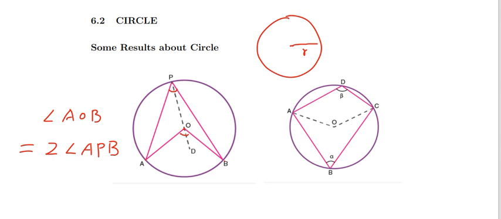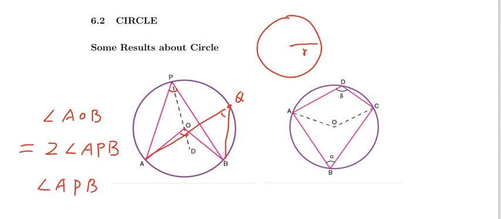And we also have this: if we change the P to here, let's say Q, APB and AQB are the same angle.